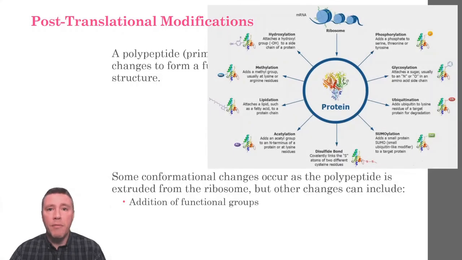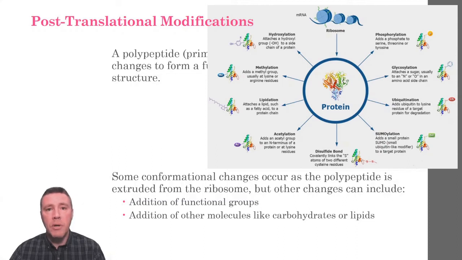This diagram exemplifies a few of those, such as a phosphate, hydroxyl, methyl, or acetyl group. Carbohydrate and lipid additions can also be made. The takeaway from this is that these changes alter the chemical and physical properties of different regions of the polypeptide so that it can bend, fold, and shape into a specific functional conformation.